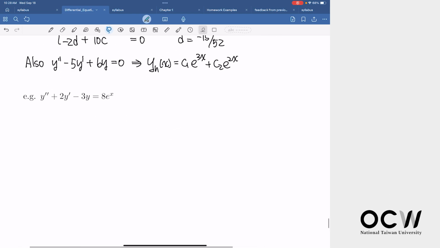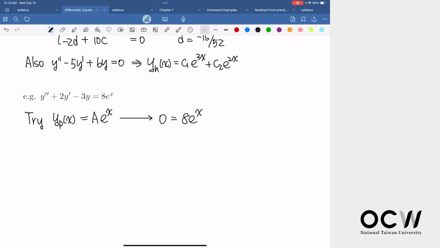Next example, well, we have exponential again. So we try the particular solution is a times e to the x. However, when you bring this particular solution back to the differential equation, we get 0 equals a times e to the x. Because remember that for these differential equations, we should have a fundamental set of solutions.